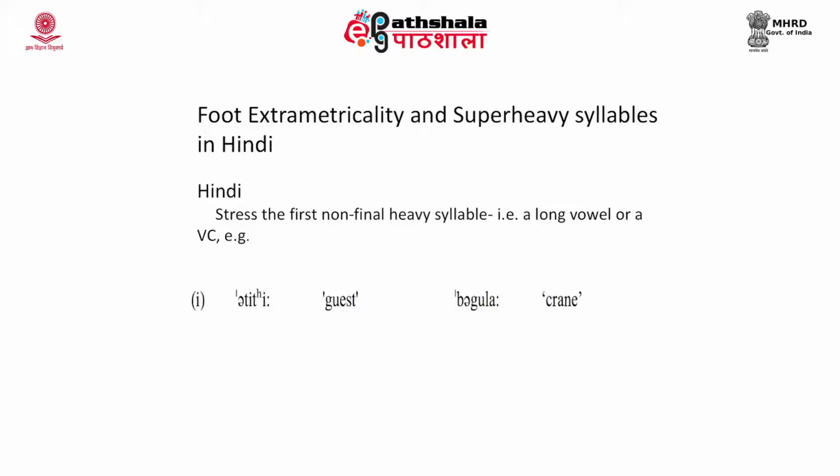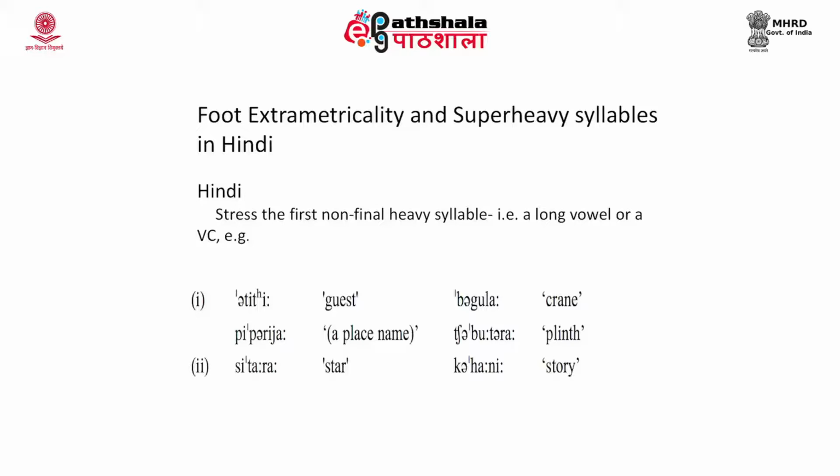And the answer lies in the notion of extrametricality. That is, in Malayalam, the final consonant or vowel, that is the final segment, is extrametrical. So we call this final segment extrametrical. And these are shown on the screen, the way we represent the extrametricality.